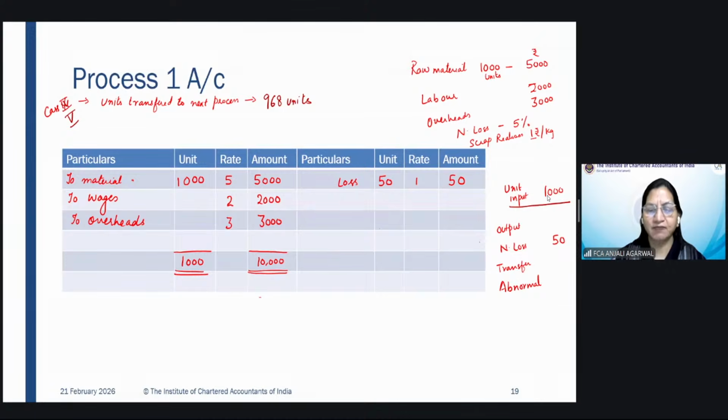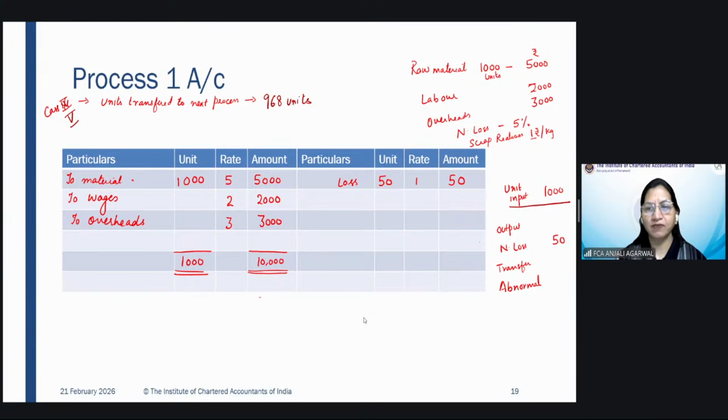So like I said, when a scrap dealer comes to you, he is not interested that this is what you should have produced and this is what you have actually produced. So it's abnormal and I'm not going to take this, or I'm going to take it at a lesser rate. He will keep the scrap as a scrap. So scrap, we don't say that the normal loss is scrap realizes 1 rupee. We are saying scrap realizes 1 rupee.